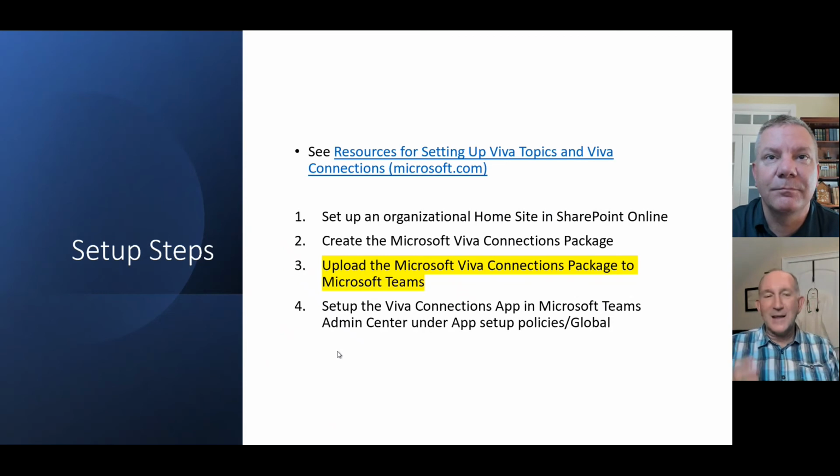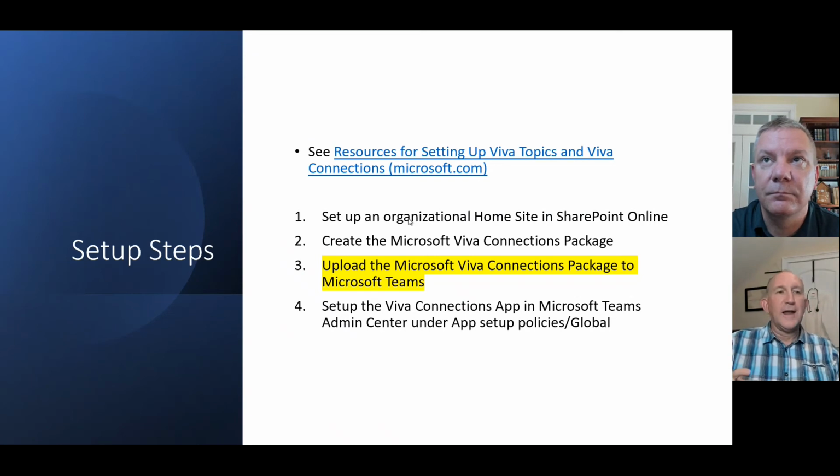He created that package. So, we started with step number 1, where we took a SharePoint Modern Framework site. We made sure that was the root site. We then designated it a home site in SharePoint Online using SharePoint PowerShell. Then Scott, in the next video, got the Viva Connections package PowerShell.